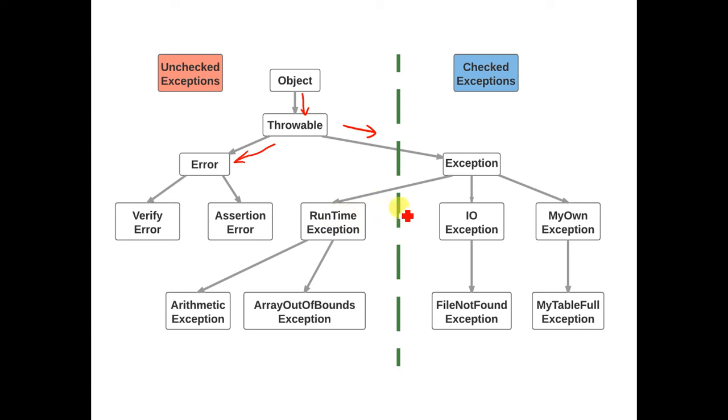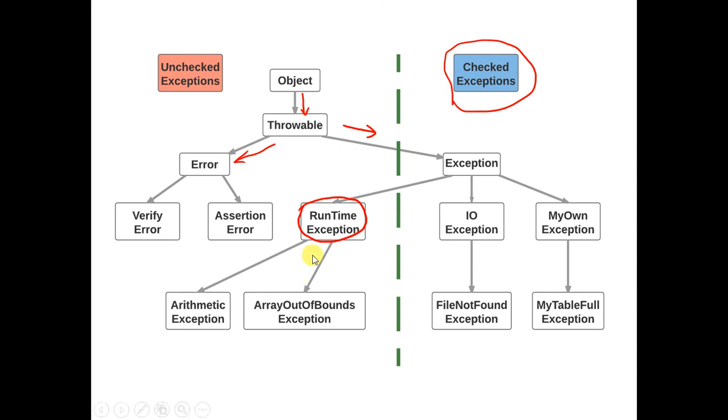The difference between runtime exception and IO exception is that IO exception belongs to checked exceptions. In other words, the compiler will force you to say, if part of a code might throw an IO exception, you must take care of it by either throwing it to a caller or using a try-catch block. Runtime exceptions are unchecked. In other words, the compiler won't force you to do it. You may see things like divide by zero errors, array index out of bounds, null pointer exception. You can try to take care of them, but in general, if you experience them, it usually means there's a bug in your program.